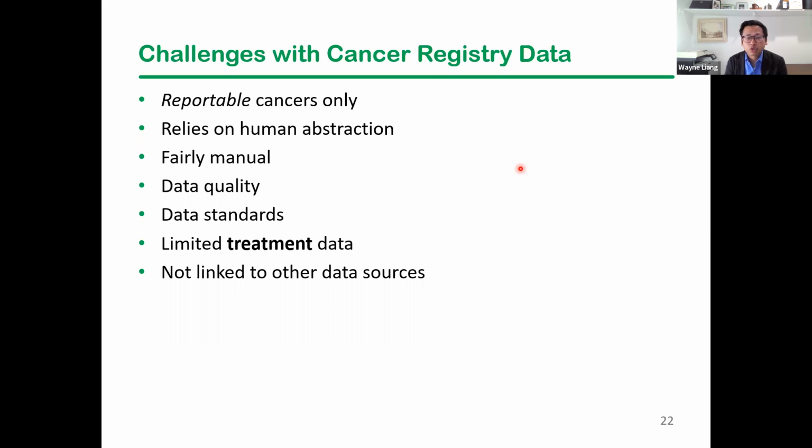Oftentimes, only the first course of cancer treatment is included. As I described earlier, cancer treatment can be very detailed, and if the first treatment fails, you might give multiple courses of treatment afterwards. But the registrar is only required to abstract the initial treatment. And so oftentimes the treatment data there is quite lacking.